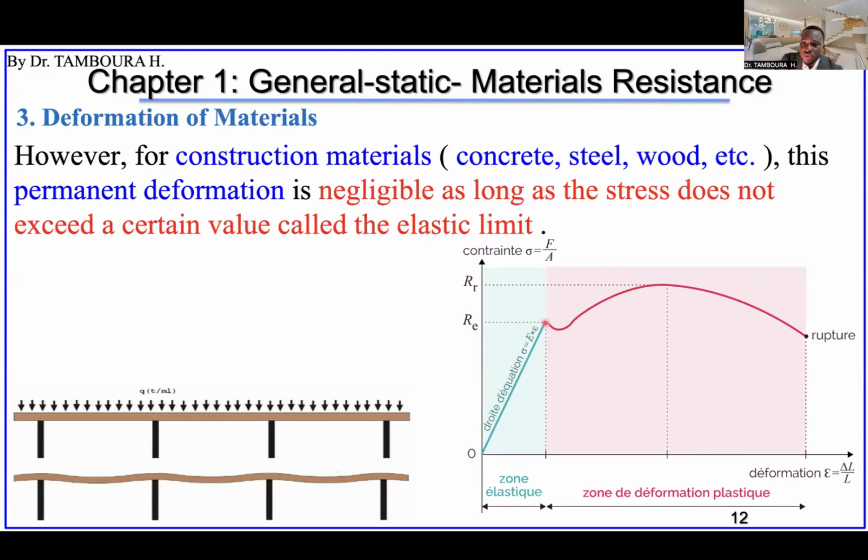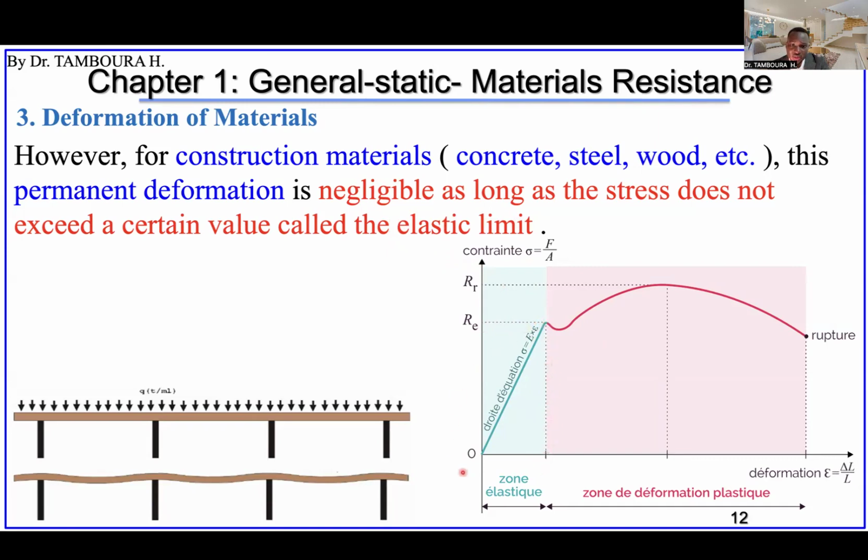However, if you go above this point, the deformation will be plastic. This is the plastic zone. You will not recover all the deformation caused by the stress. So here, the elastic limit is this limit, okay? This zone, elastic limit.